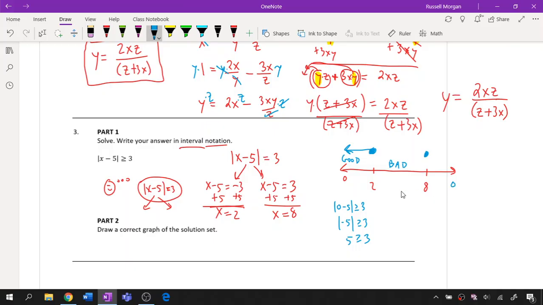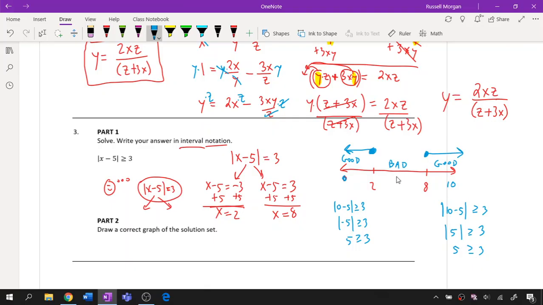I could go 10 minus 5, with the absolute value of that. Is that greater than or equal to 3? Well, 10 minus 5 is 5, the absolute value of 5 is still 5, and that is greater than or equal to 3, so this is also the good side. So I would draw the arrow that way.